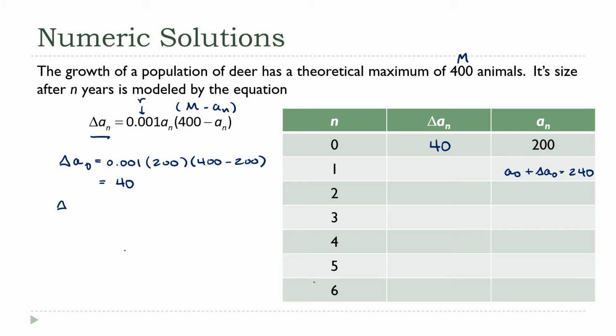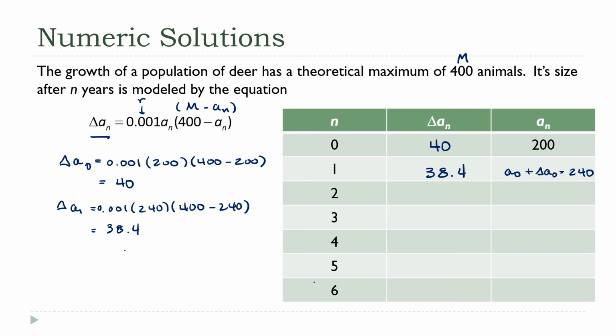And then we do it again. Then we calculate delta A sub 1, that's 0.001 times 240 times 400 minus 240. Now you go to your calculator, and this is 38.4. That's the kind of result I wanted to see, right?